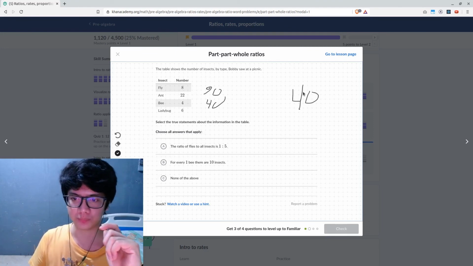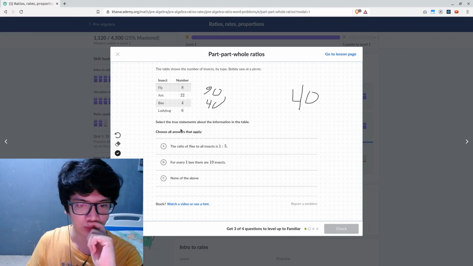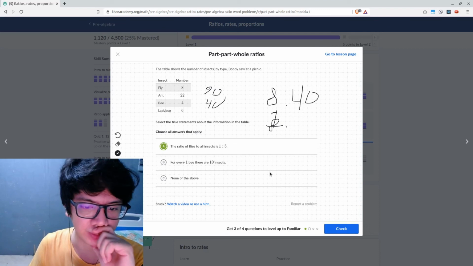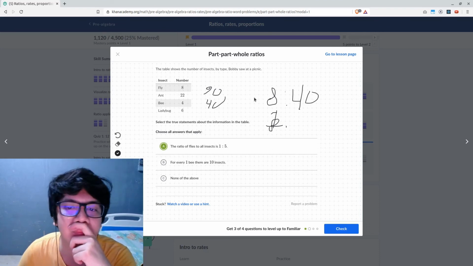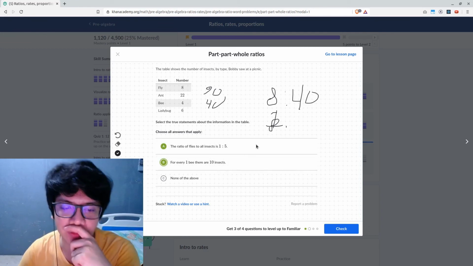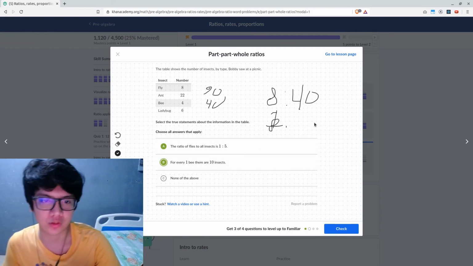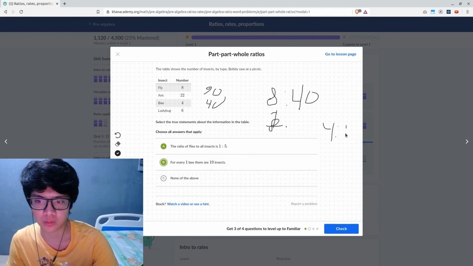This is 40 flies. So divided by 8, 1. Oh, this is correct. For every 1 bee, there are 10 insects. Okay, bee, 4. It's actually correct as well. So if we have 4 over 4, the same thing in 1, 10.